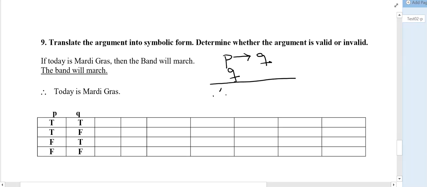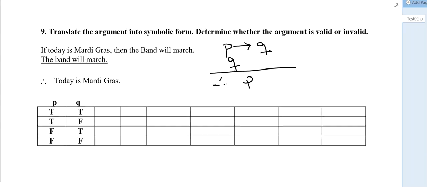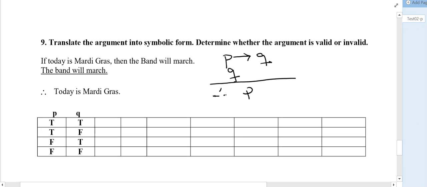Our conclusion is today is Mardi Gras, which is simply P. So there's our argument in one form of the symbolic form.